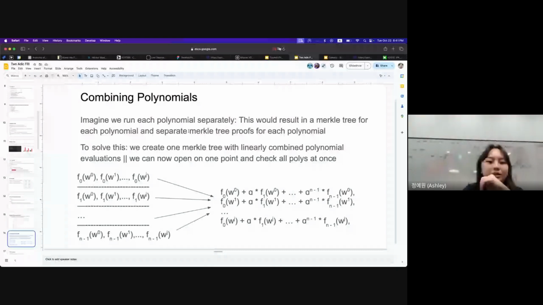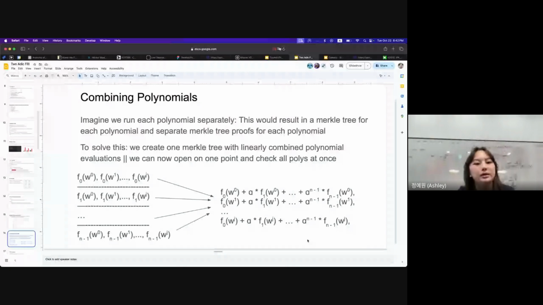So for example, if these are the evaluations of these separate polynomials, then we would linearly combine them with some random value, like this, and run the Fri protocol using these evaluations. So this would be a leaf and this would be a leaf. Meanwhile, if we did it separately, this would be a leaf and this would be a leaf.